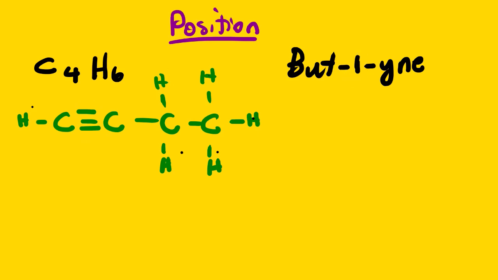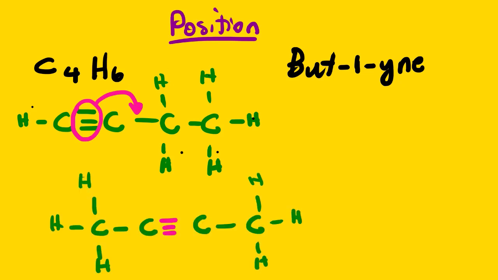So looking at the positional isomerism of this, if we take this triple bond here and shift it here, we are going to have something like this. Now you can see the triple bond has shifted, but we still have 4 carbons, 6 hydrogens.